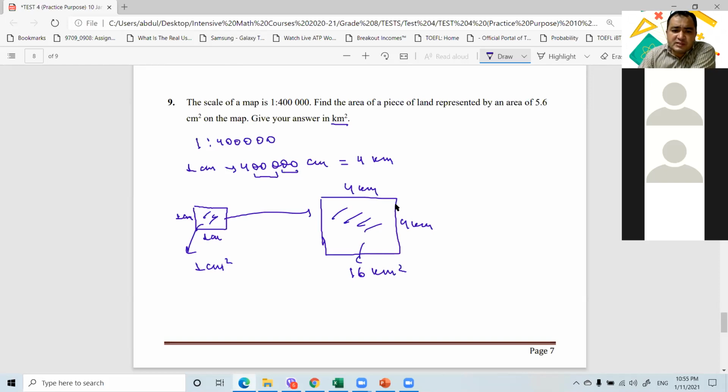In the question it is 5.6 centimeters squared, so that will be 5.6 times 16 square kilometers, because 1 centimeter squared represents 16 kilometers squared. 5.6 times 16 is equal to 89.6 square kilometers. So your answer should be 89.6 square kilometers.